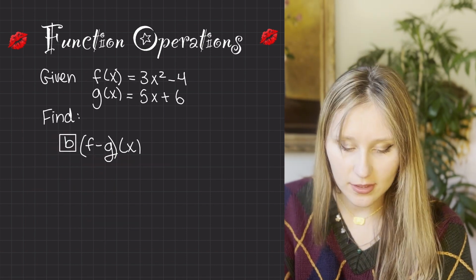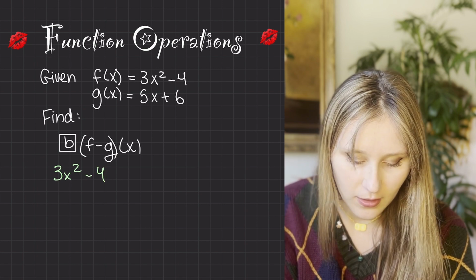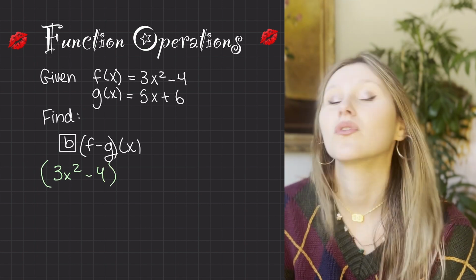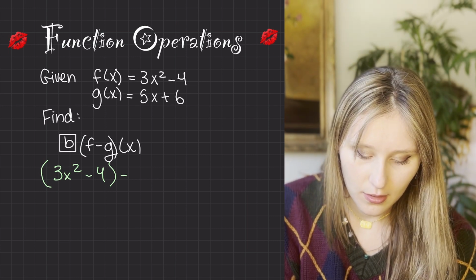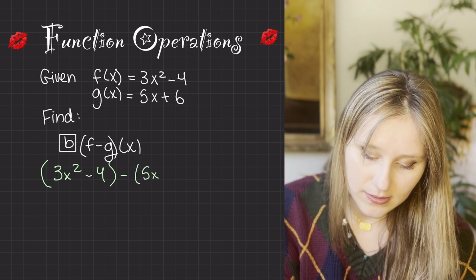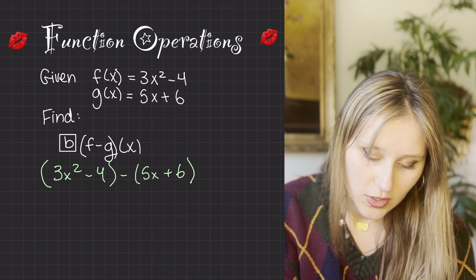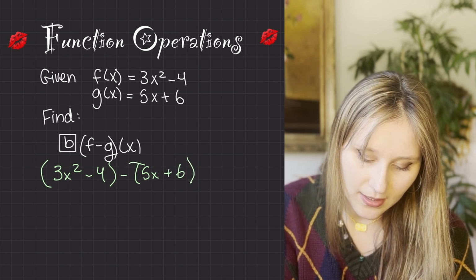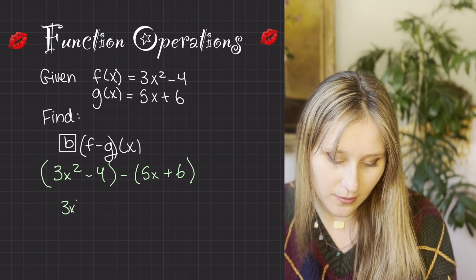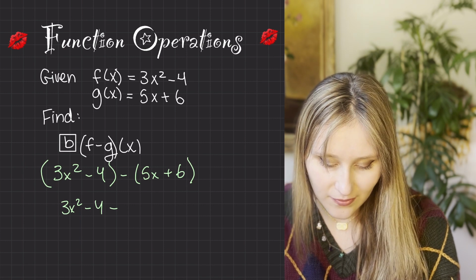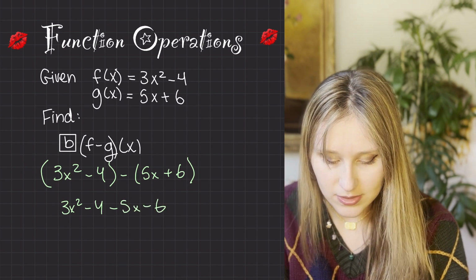Now we're subtracting. Let's do 3x squared minus 4, that is f, minus 5x plus 6. We have to distribute that negative. This is one step further, right? So we have 3x squared minus 4 minus 5x minus 6, because we distributed that.